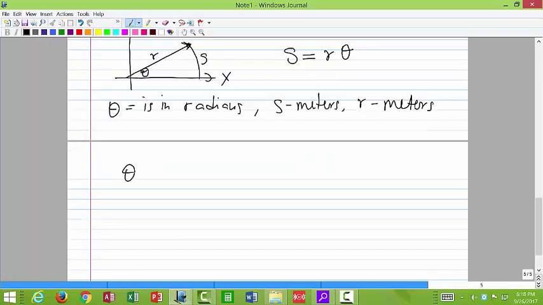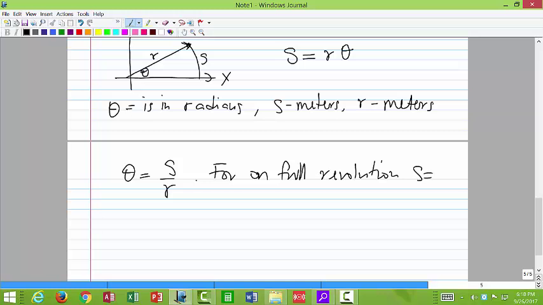So we can say theta is equal to S over r, and for one full revolution, S, the arc length, is equal to 2 pi r. Therefore, the angle theta will be equal to the arc length, which is 2 pi r divided by r. Cancel out your r, so theta is equal to 2 pi for one revolution.